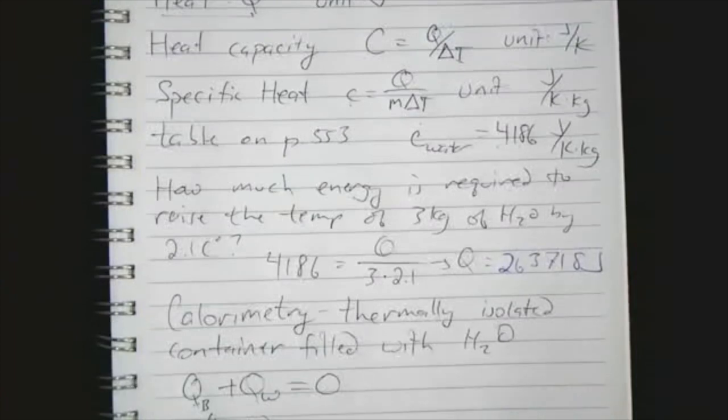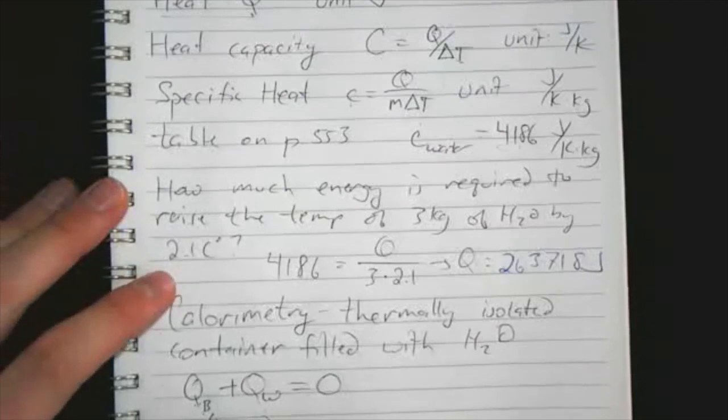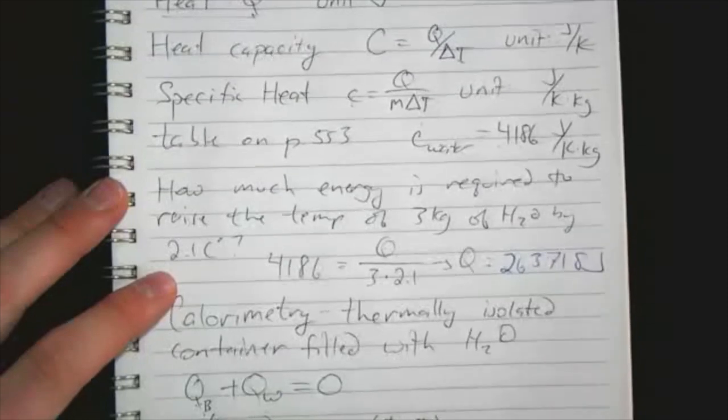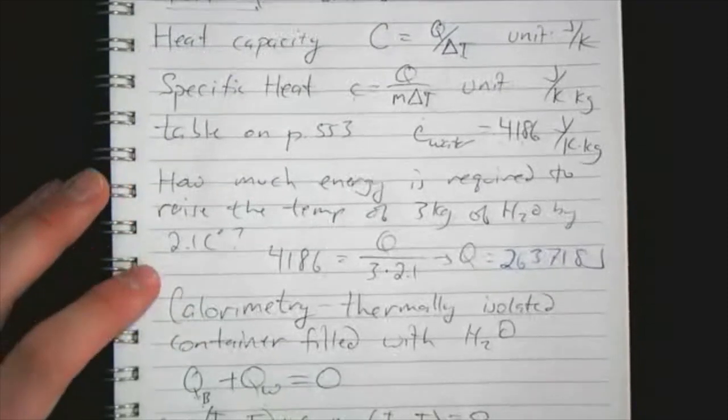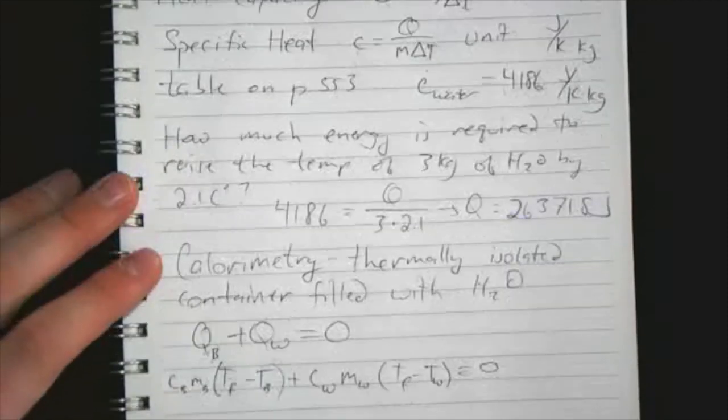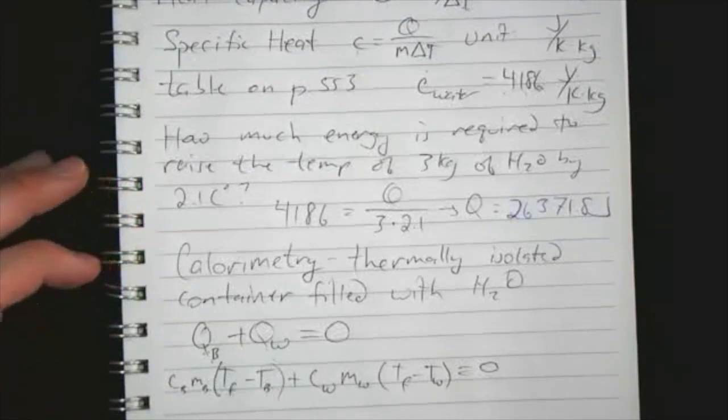Once they're in thermal equilibrium, the water and the block will be at the same temperature, and so this T final is the same for both. And then we have specific heat of water, mass of water, times temperature final minus initial temperature of the water. And so we can use this equation to figure out what the specific heat of the unknown is.